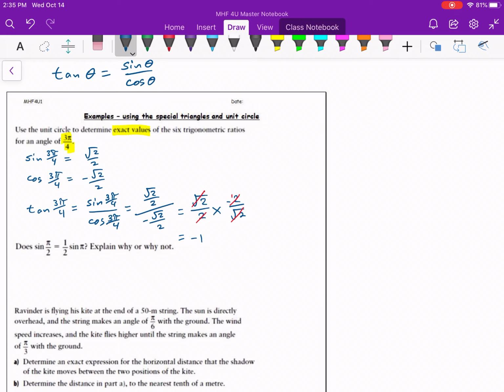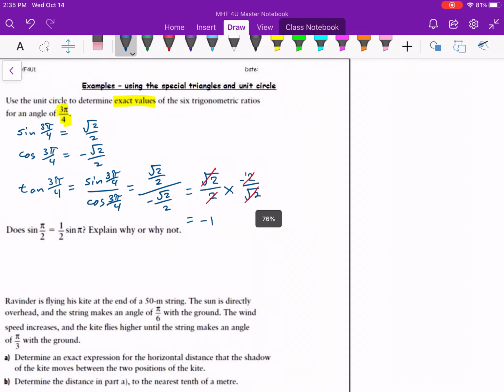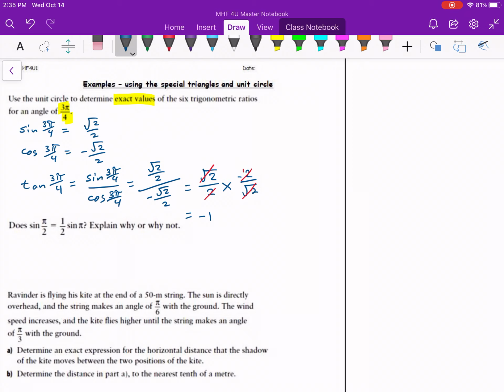Cosecant is going to be the inverse of sine. So for the cosecant one, cosecant 3 pi over 4 is going to be 1 over sine 3 pi over 4, which is going to be 1 over root 2 over 2.